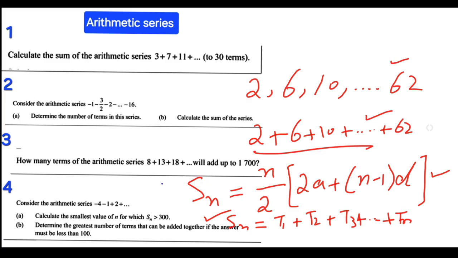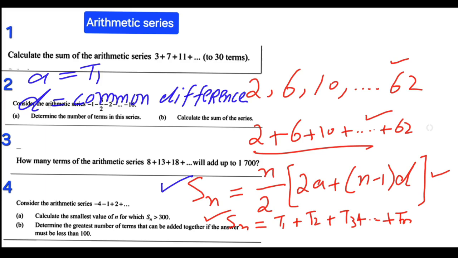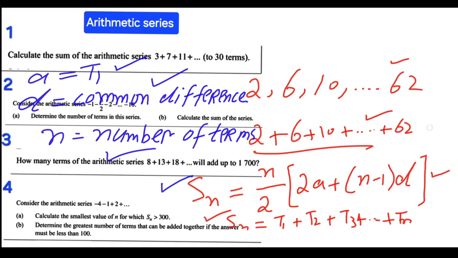You use this formula when you know the first term a, the common difference d, and the number of terms n.